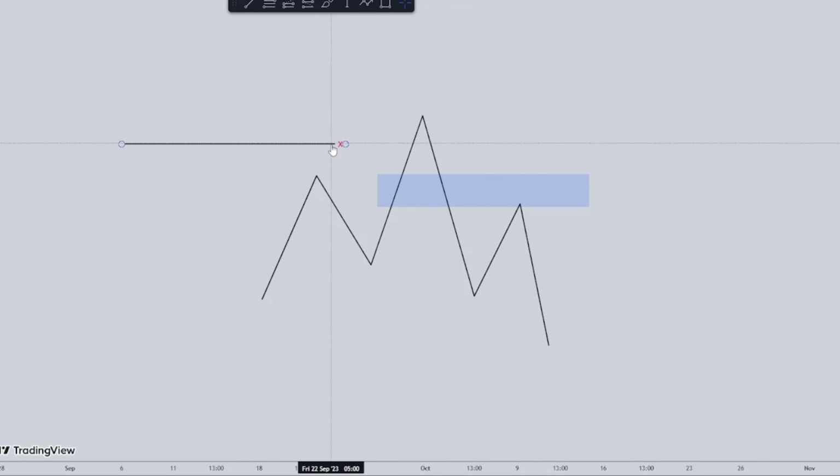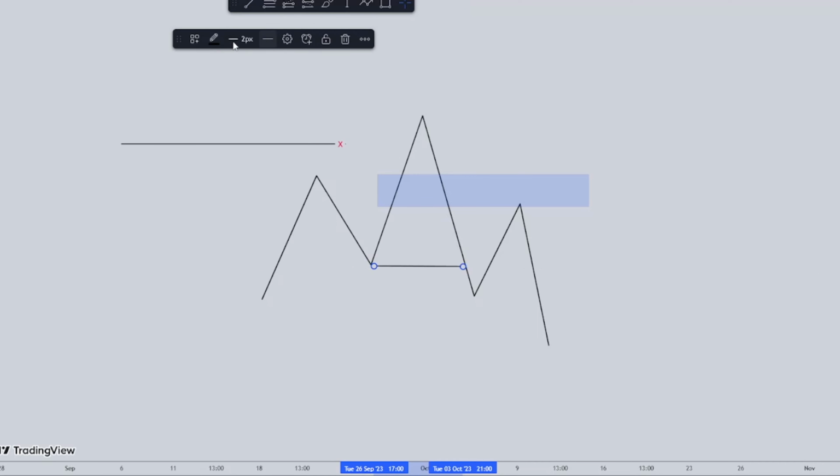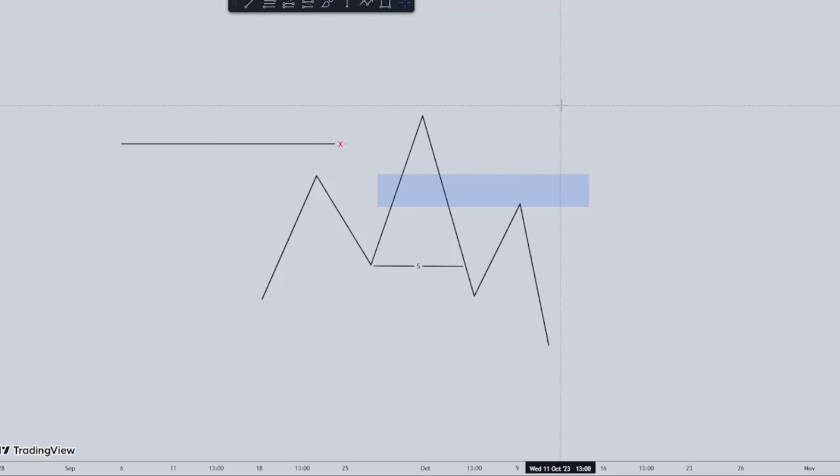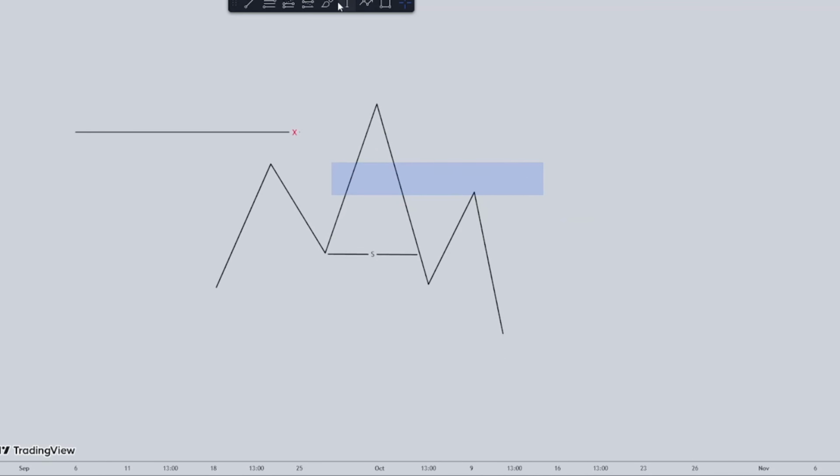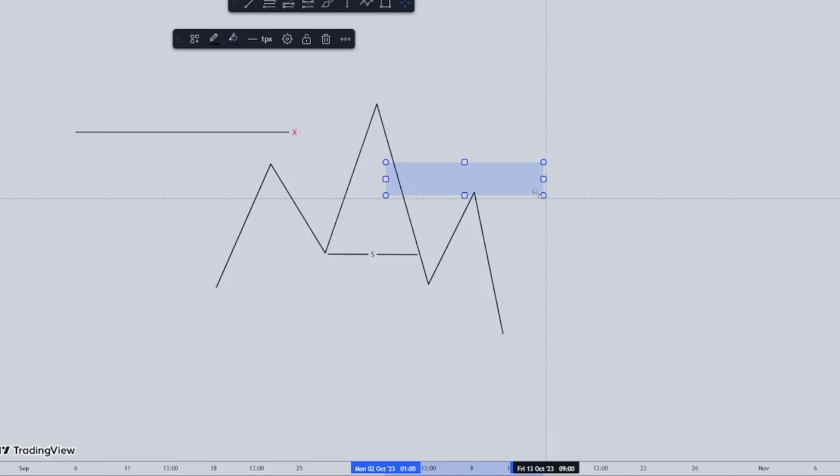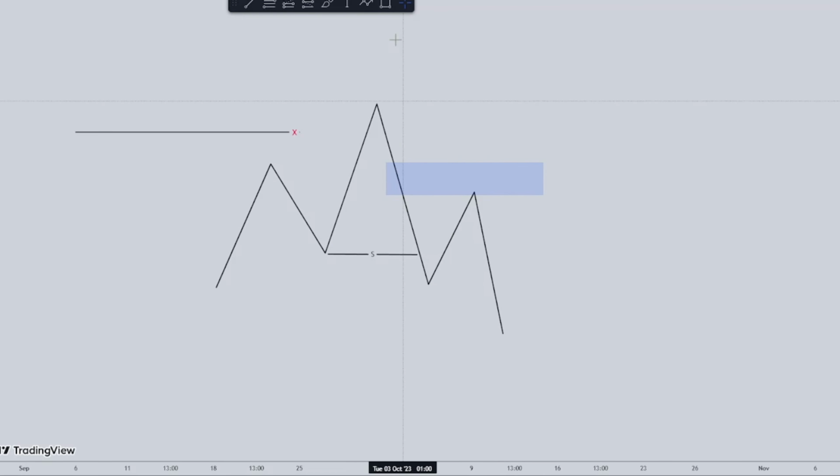After ma-raid, what will you look for is a market structure shift. Pag ganyan makakita ka, hanap ka ng fair value gap dito, then you enter, or optimal trade entry, OTE, or you enter at the order block.